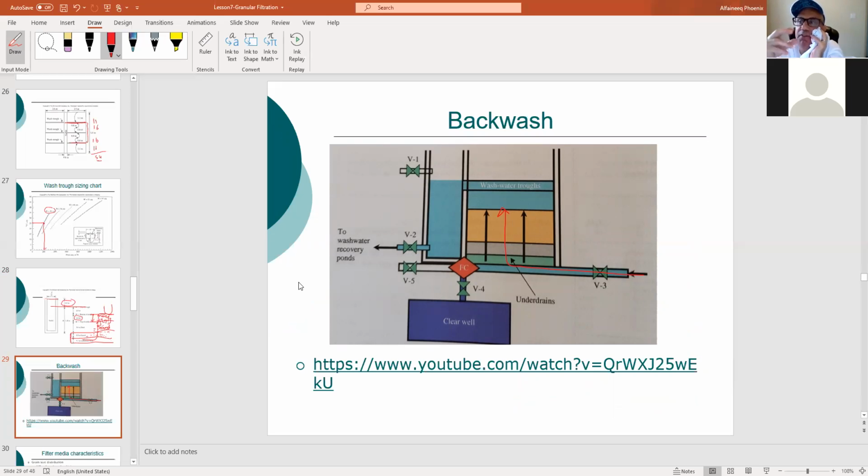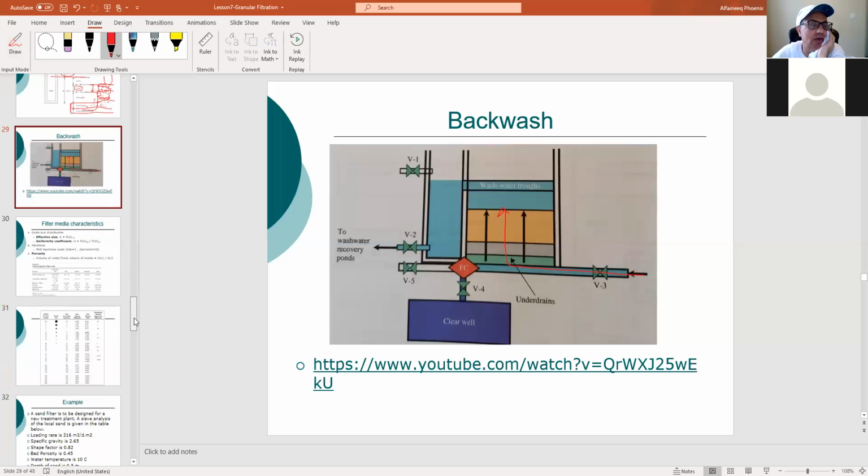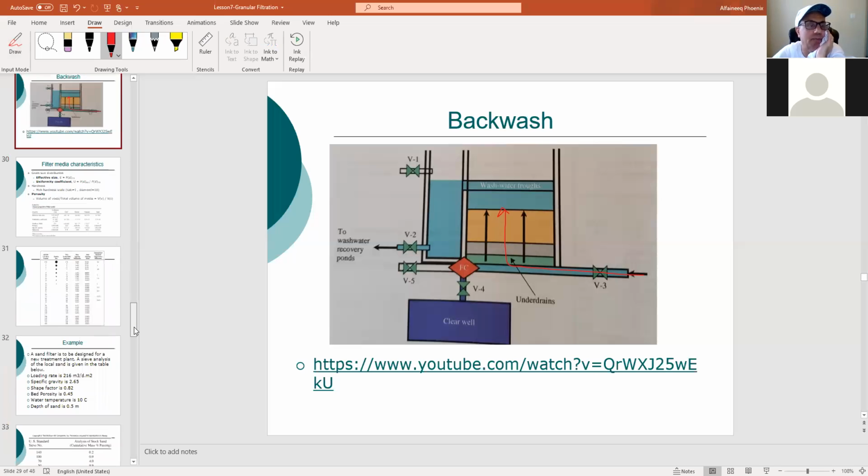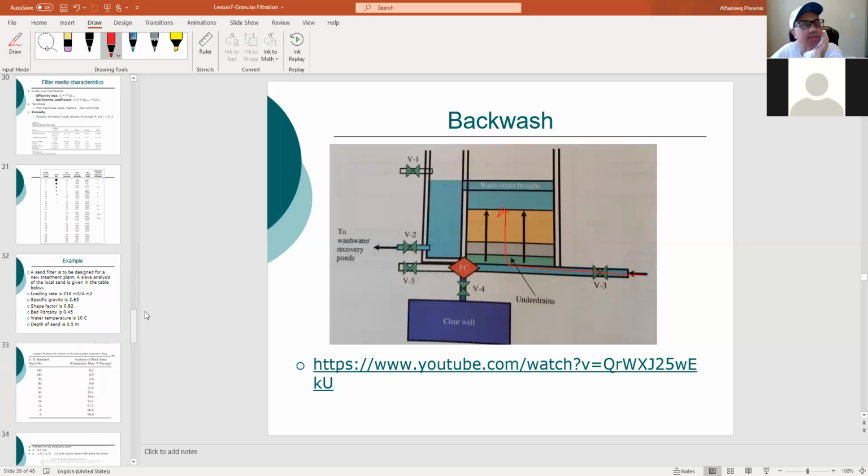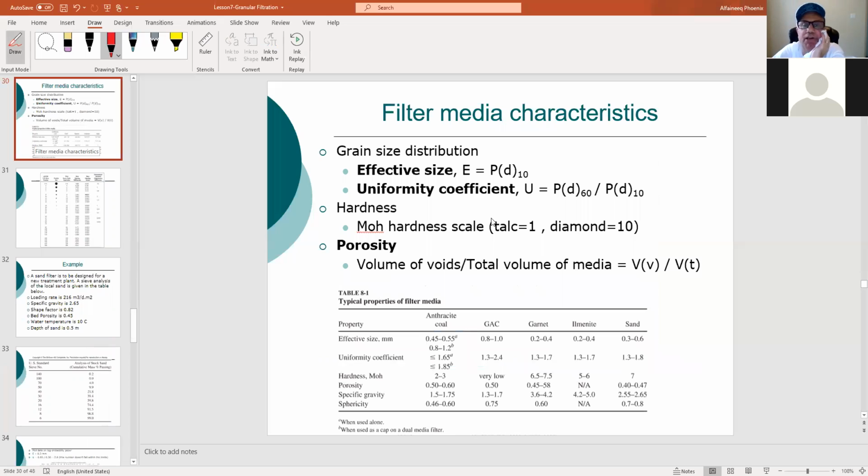By doing that, the impurities are able to escape under that force. Look at the video, you will understand what we are talking about. Now, just quickly, I'm not going to stop here.